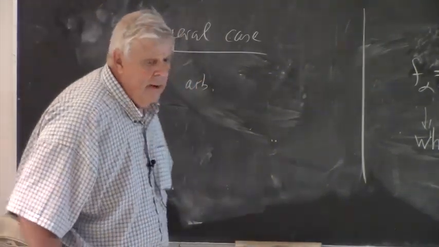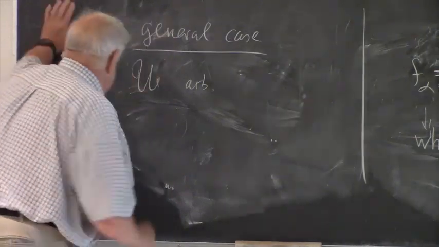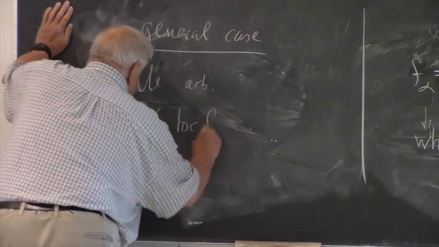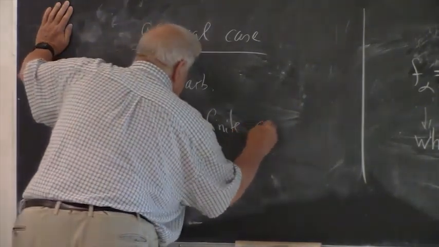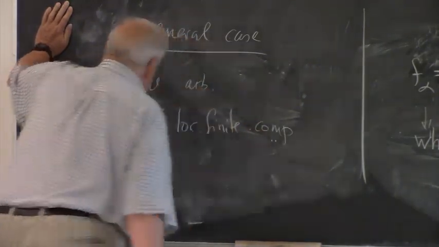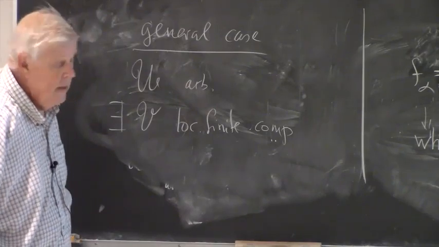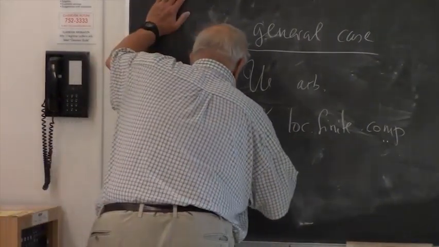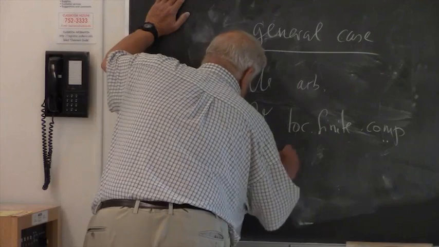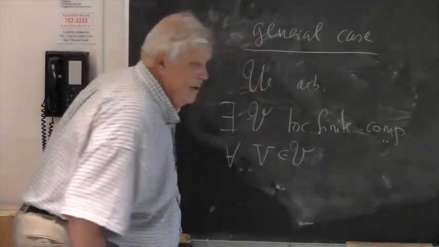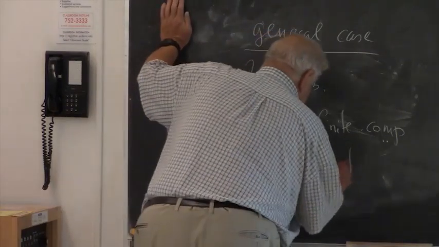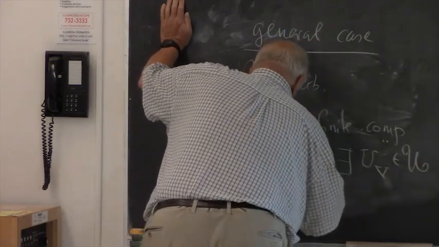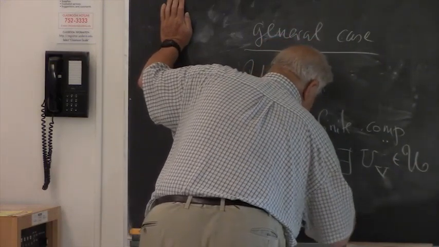But we have a theorem, paracompactness theorem, which says that there exists a locally finite and compact cover V, which is strongly inscribed in U. So for every V in V, for every element of this covering, there exists a U sub V in U such that V bar is contained in U_V.